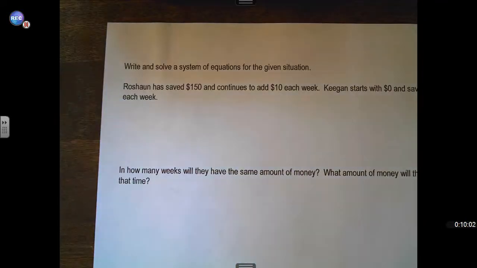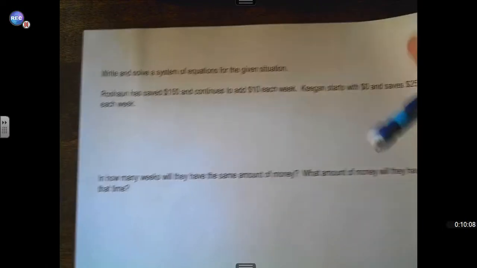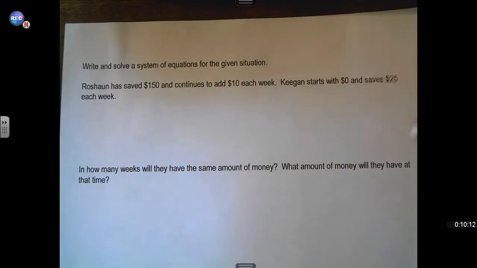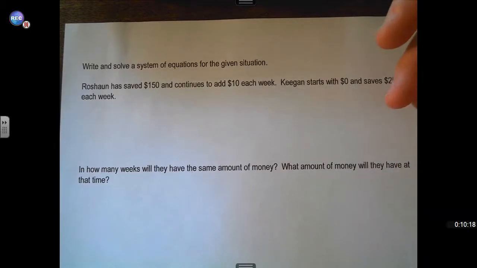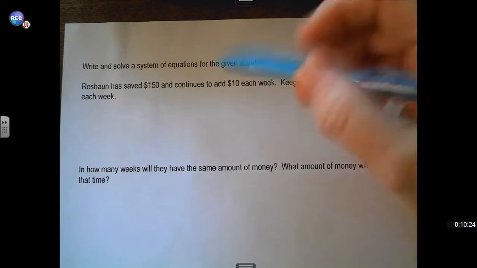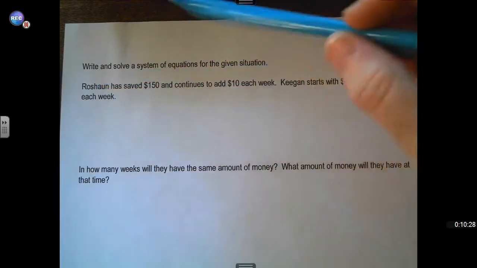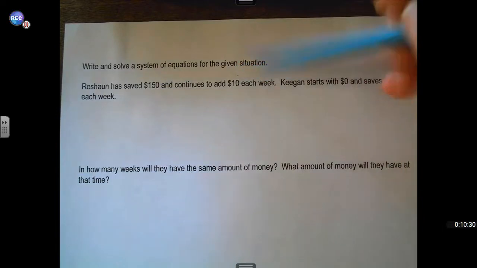We are going to have some word problems in this section, and then I'm going to supplement them a little bit too. But basically we want to try to write an equation to represent each one. Rashawn here has saved $150 and adds $10 a week to it.